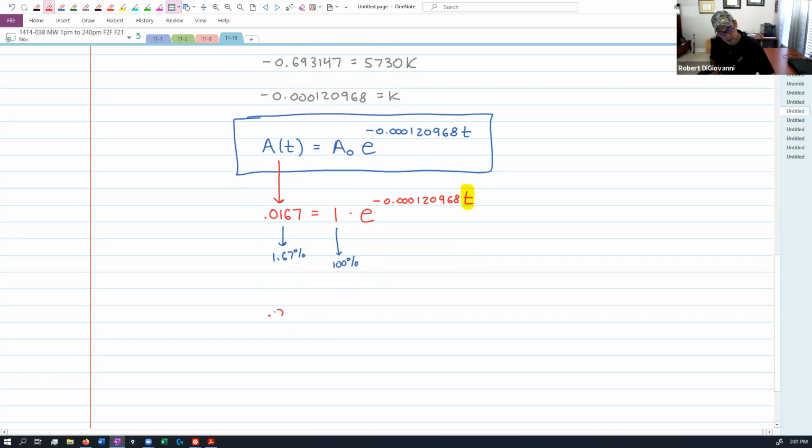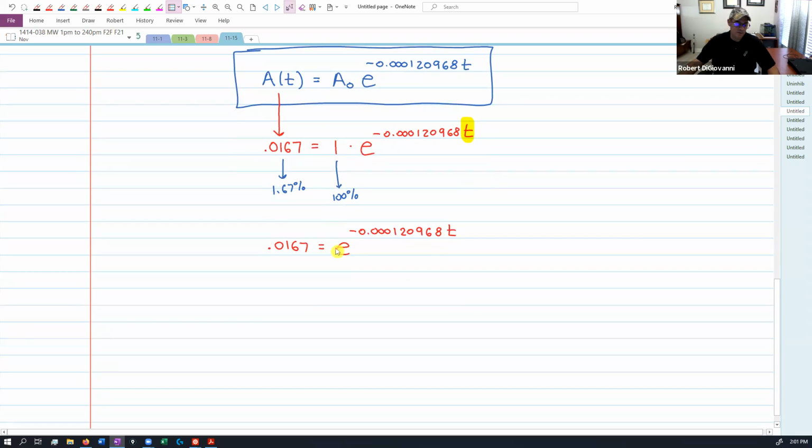So I take this 0.0167. Are there any questions? I feel like there should be questions, only because these are word problems and students have trouble with word problems. No? The 1 here, there's always a 1 in front of everything, so I just got rid of it.